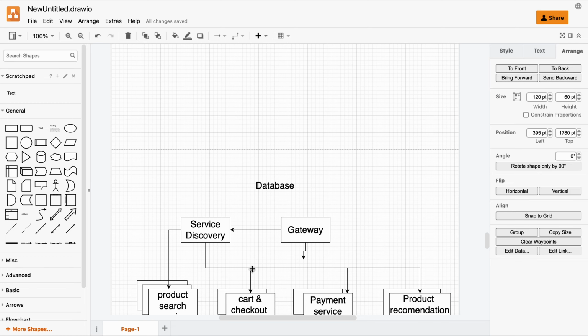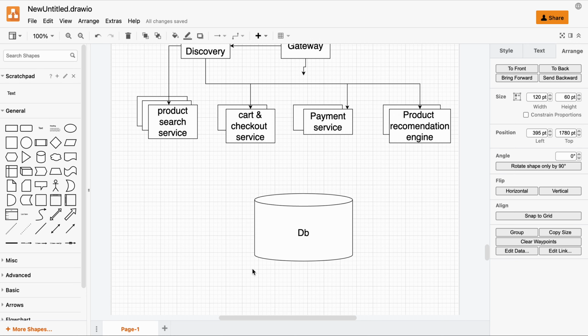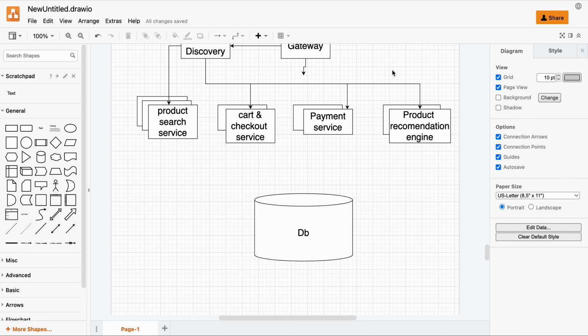Now coming to the database part, we could have a big database shared across all the services, but given the number of services, this shared database pattern is not a recommended pattern.